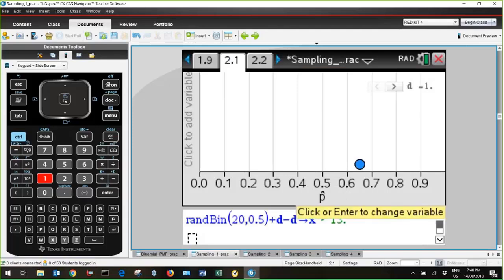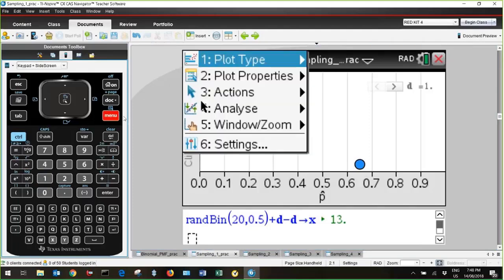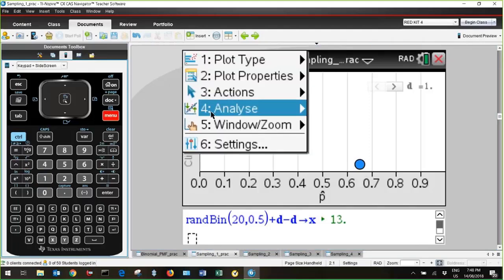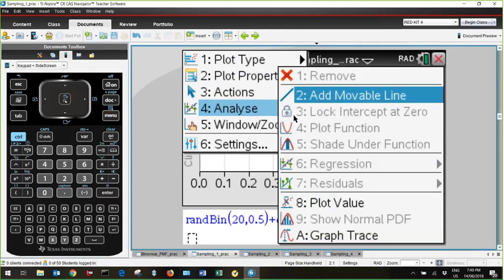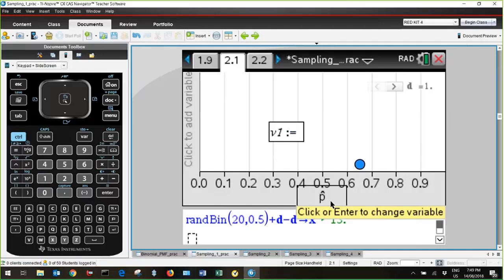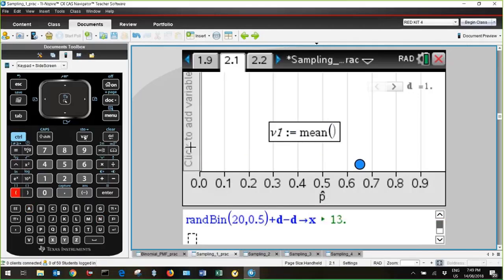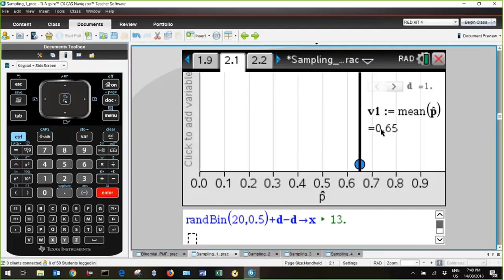Now the other thing you can do is, and this is the other reason why you don't want in one fell swoop to see the result of 200 surveys. If you do it one by one, students can see something else that's really important. If you go plot value and you want the mean of that column P hat, okay, there's only one value there, so that's the mean.